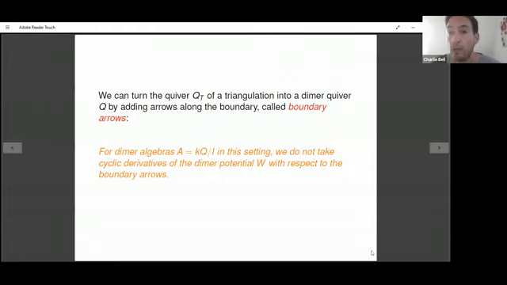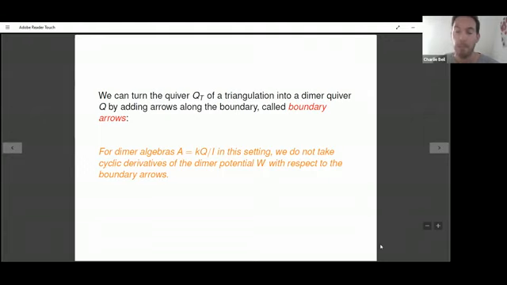So now you do include these boundary arrows, and for dimer algebras A in this setting, you do not take the cyclic derivative of the dimer potential with respect to the boundary arrows.